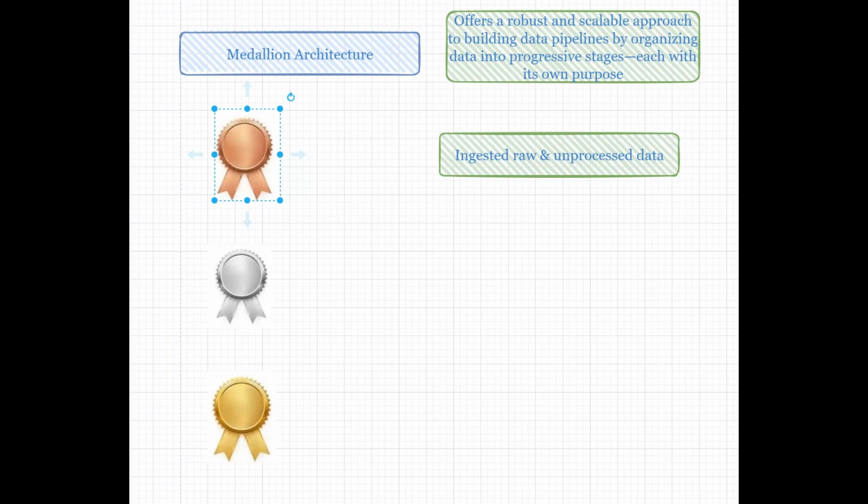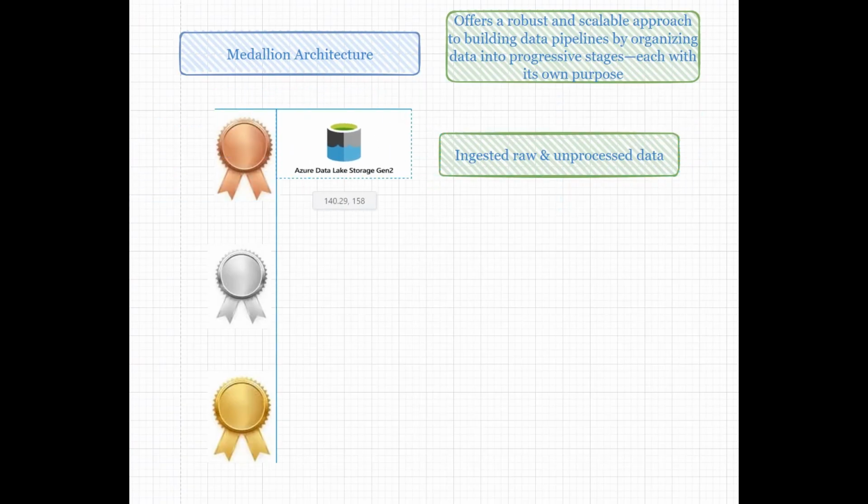As it is stored as it is, it may contain errors, duplicates, or missing values. The focus of this bronze layer is to capture and preserve all the incoming data without losing any information. In our case, we are going to ingest our data from GitHub into this raw format, and we are going to store it in ADLS.